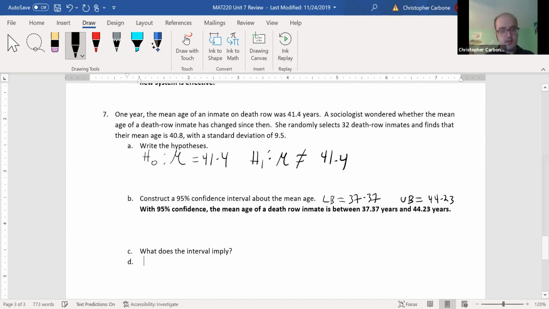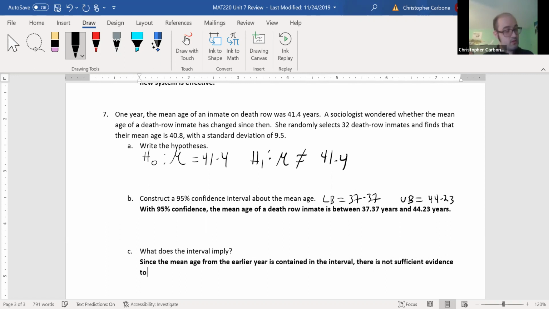And then we want to know, what does this interval imply? Since the mean age from the earlier year is contained in the interval, there is not sufficient evidence to conclude that the mean age had changed.